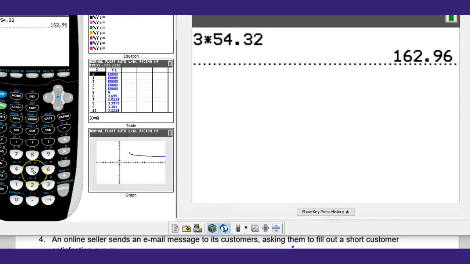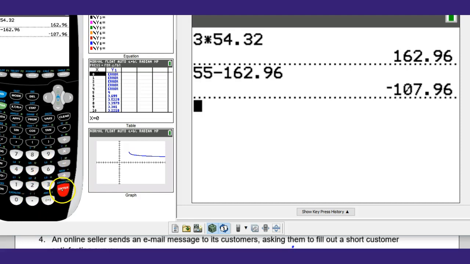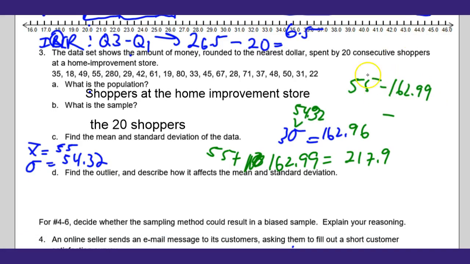So if we go 55 minus 162.96, we get negative 107.96.